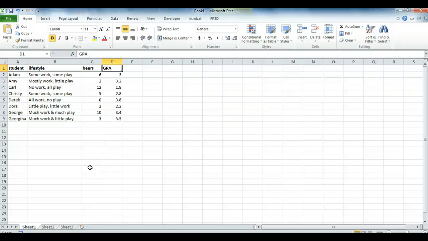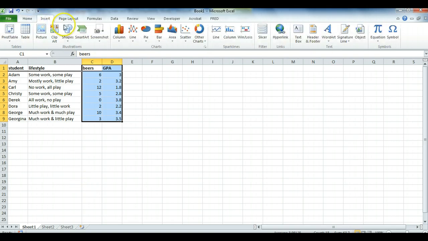In the y-axis, you're going to have the dependent variable, or the effect variable. In this case, this is GPA. Now, if the variables are aligned correctly with the x variable on the left and the y variable on the right, then it's really convenient, and we can just highlight those two variables like that.